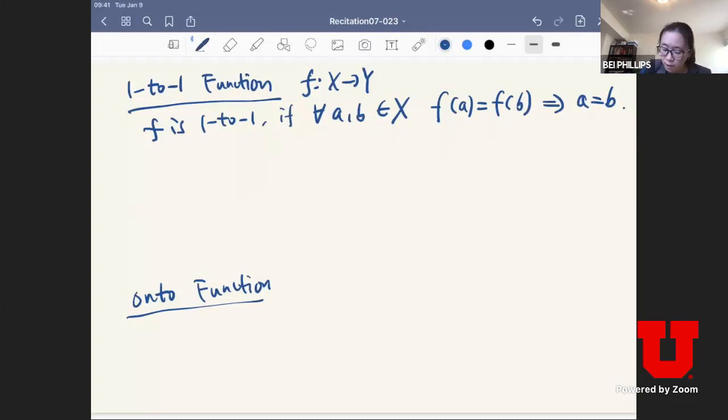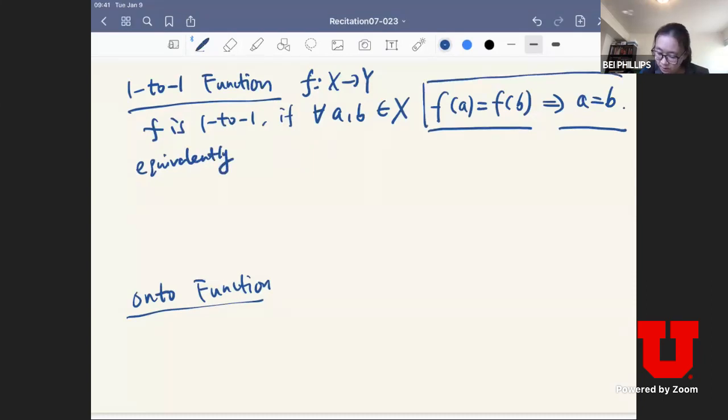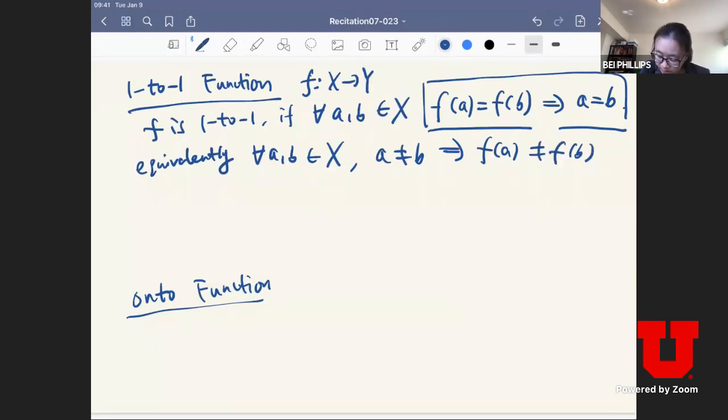So if I have 2 elements from the domain that map into the same function value, then those 2 elements have to be equal. Equivalently, it means for all a, b in the domain, I can take the contrapositive statement: if a is not equal to b, then f(a) is not equal to f(b).